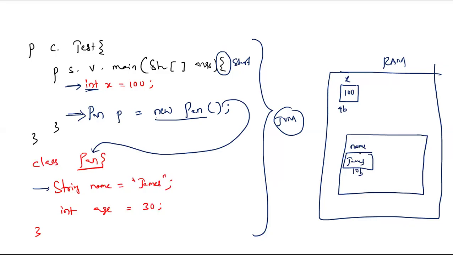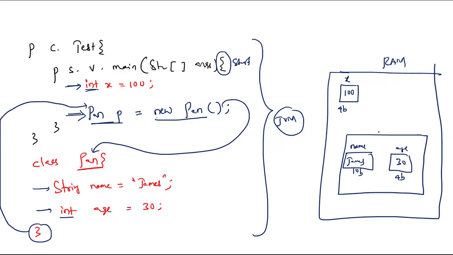The next line of code, 30 with the name age, because of int type, 4 bytes. This is what will happen. From the ending of the class, the JVM comes to the left side, and p is the reference variable for this small p. After this, no other lines of code, then the JVM stops the program execution.